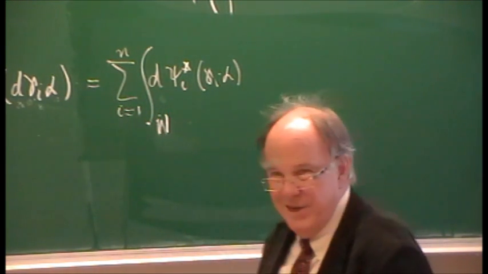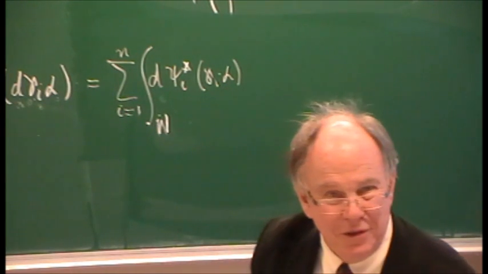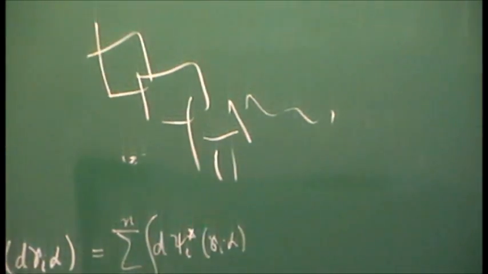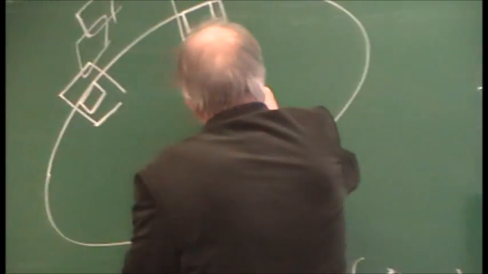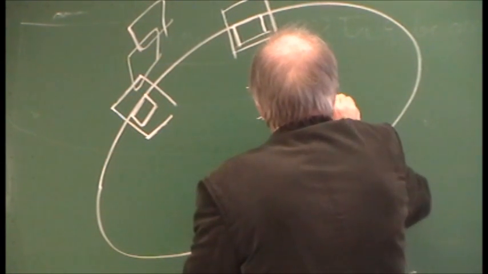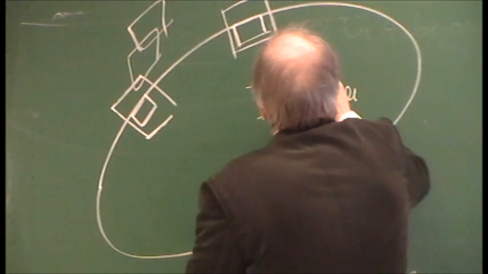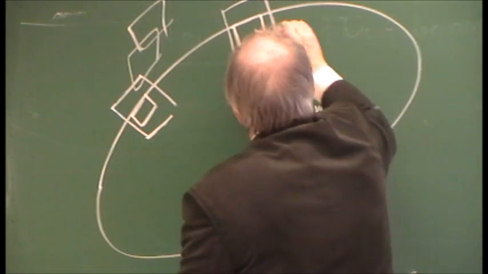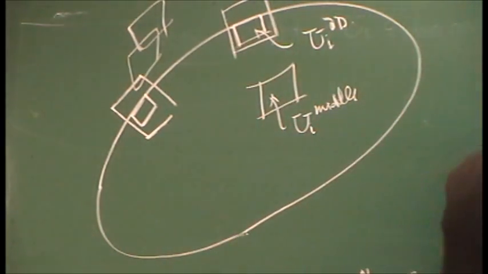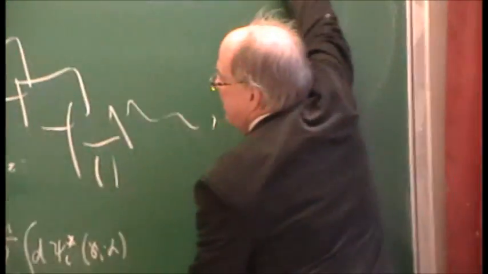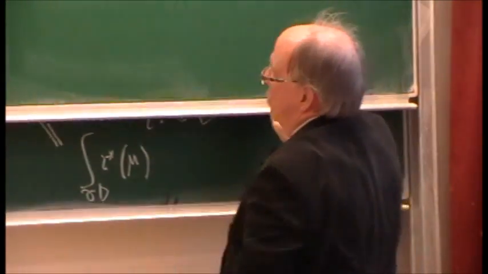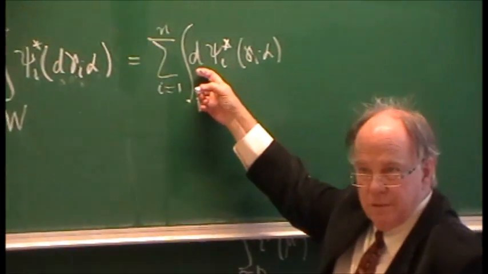Now, there are two types of open sets to consider. There's the open set in the middle. So let's call these open sets UI in the middle, and let's call these things here UI on the boundary. Okay, what do I get on the middle open sets?